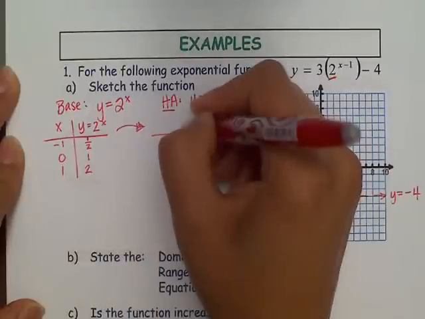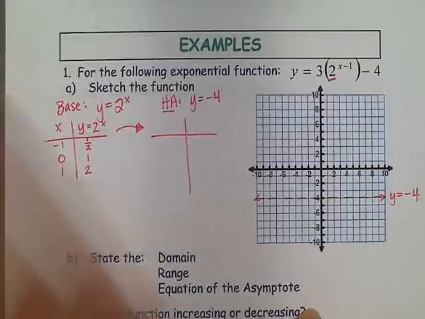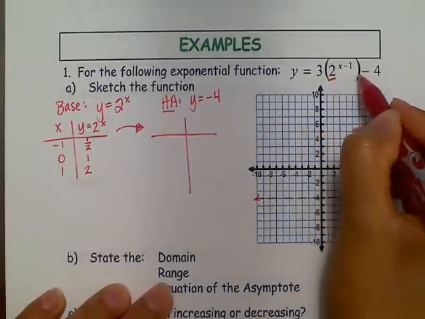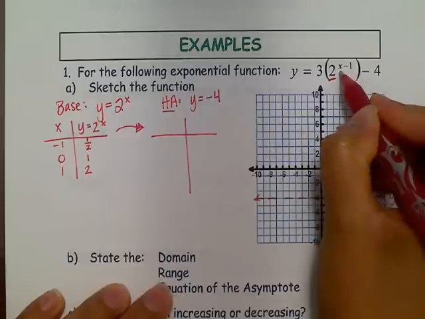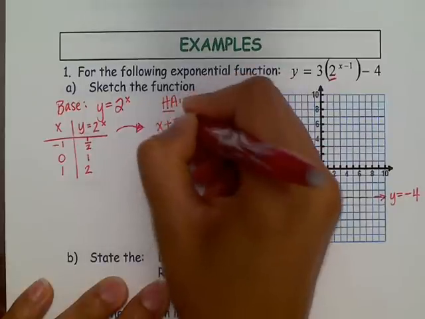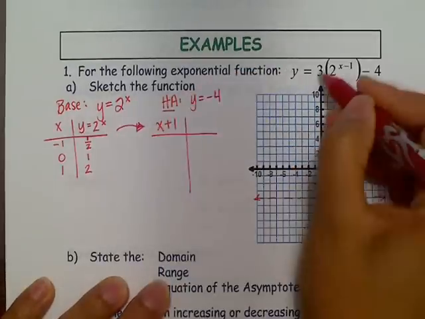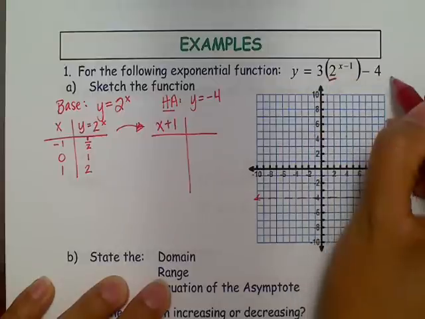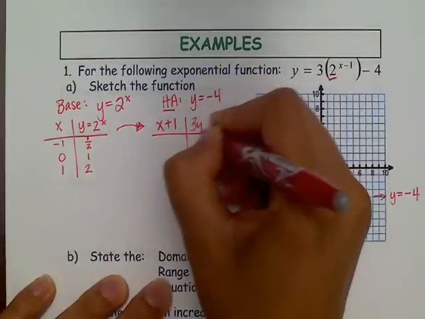Now I'm going to come up with my mapping formula and create the new points so that I can graph them. Horizontally, I look at the exponent to see what's happening to the function, and the only transformation is a shift to the right, so my mapping formula would be x plus 1. Vertically, I look at the values before and after the base graph.